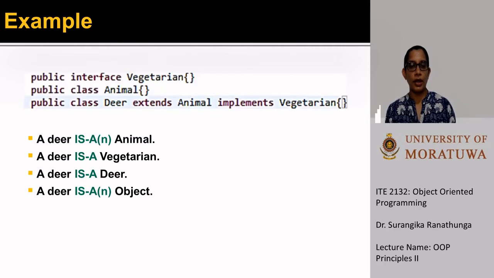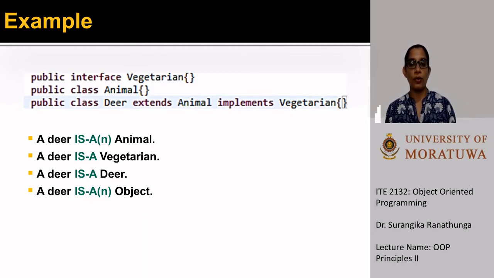So let's see how this ISA relationship can be further understood. Now we have public interface Vegetarian, and we have public class Animal, and now we have public class Deer extends Animal implements Vegetarian. So if you create a Deer object, let's say Deer d = new Deer, then this d is a Deer, this d is an Animal, this d is a Vegetarian, and this d is an Object.